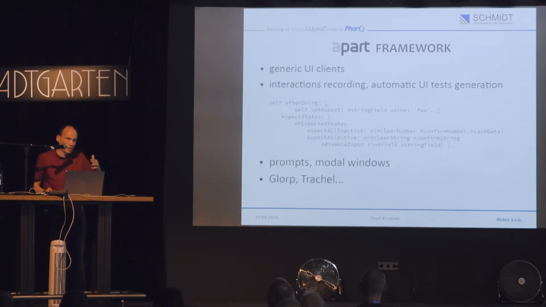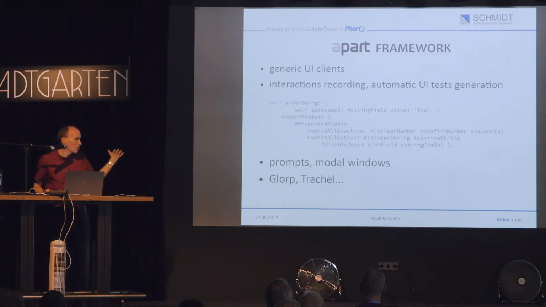Because we are able to use many UI clients, we also have a client for recording what you do, so it can automatically generate tests for your user interface based on what you did with your mouse and keyboard and so on. So it will create those methods that you can run on CI many times per day, and things like that.